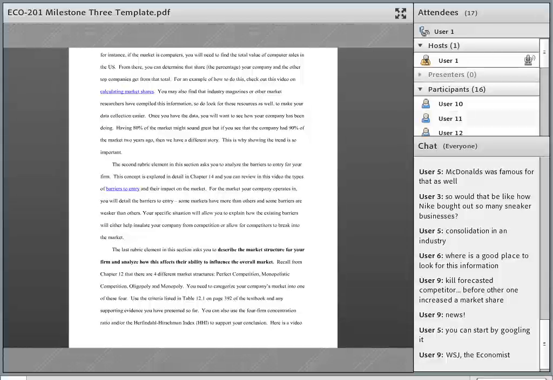So yeah, Wall Street Journal, Economist, Forbes, maybe even to a lesser extent, the Financial Times. And if any of that is behind a paywall, you can go through the Shapiro Library, and they usually have access to all those major publications. But yep, I would definitely look at the annual report for your company and the competitors, and of course, just a simple Google search to find it in a news reporting outlet.